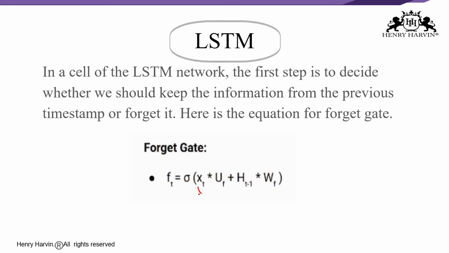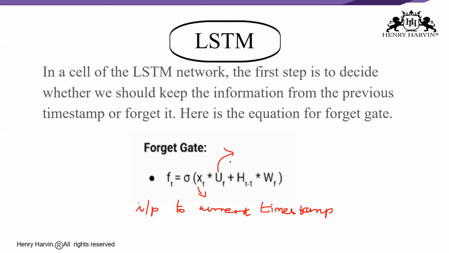So what is this xt? Xt is nothing but the input at time t, right? So input to the current timestamp. So what is this Uf? Uf is nothing but the weight associated with the input, right? So what is Ht minus 1?